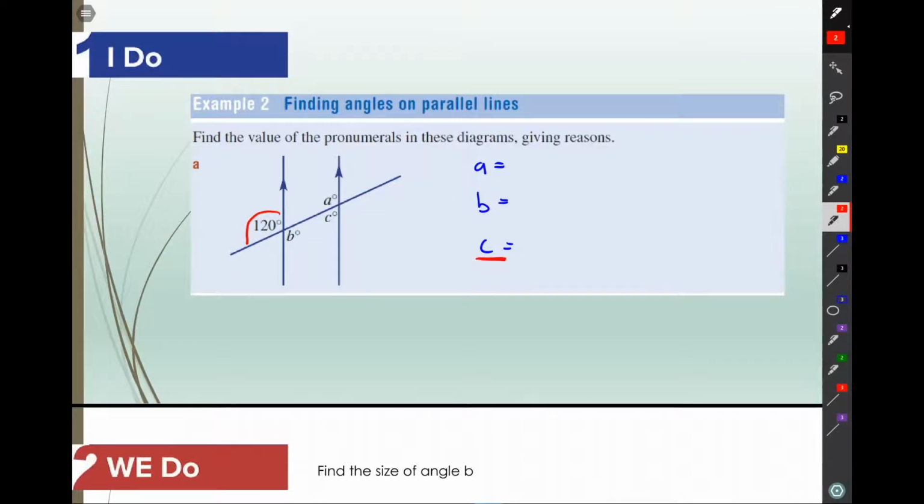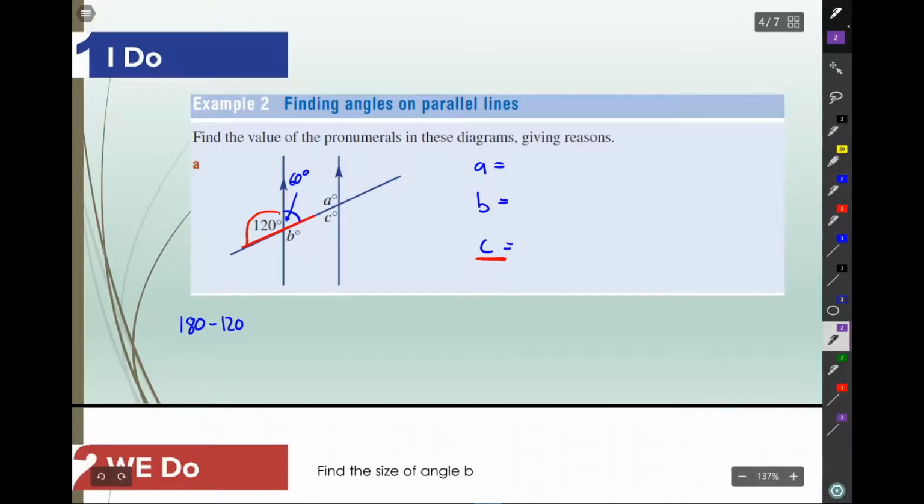And a tool that we've already picked up is that angles on a straight line add up to 180 degrees. So we can identify this angle here as being 60 degrees, because that is 180 minus 120.